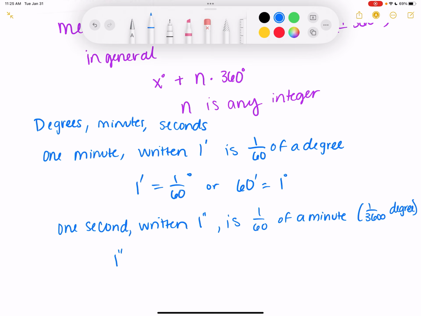So 1 second is equal to 1/60 minutes, which is equal to 1/3600 degrees, or 60 seconds is equal to 1 minute, and 3600 seconds is equal to 1 degree.